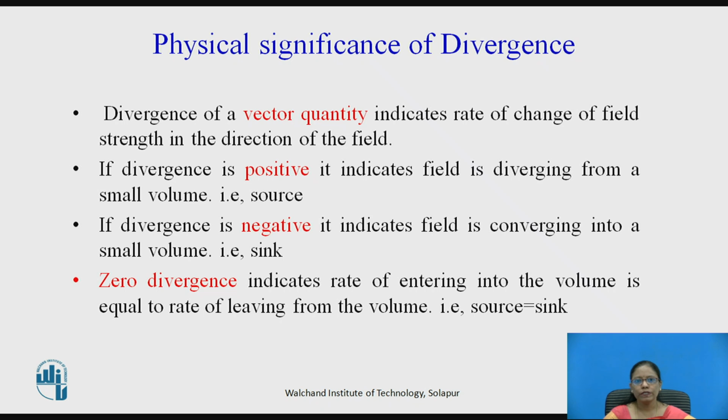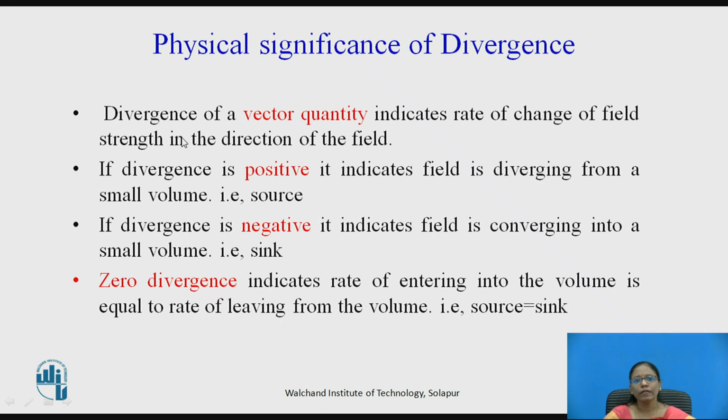Before we go to the divergence theorem, let us have a look at the physical significance of divergence. Divergence of a vector quantity indicates the rate of change of field strength in the direction of the field.